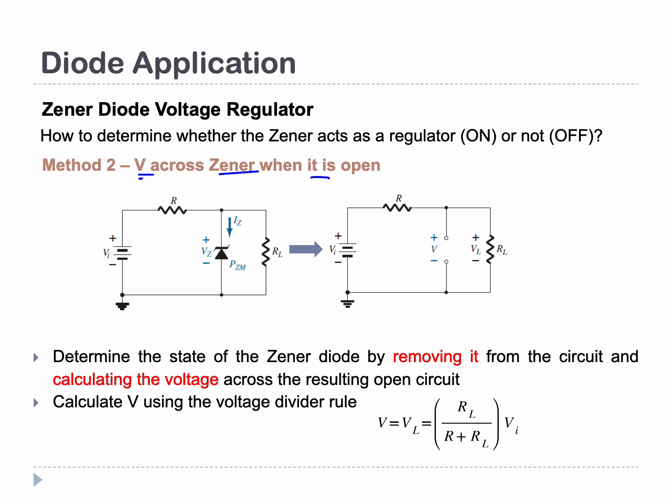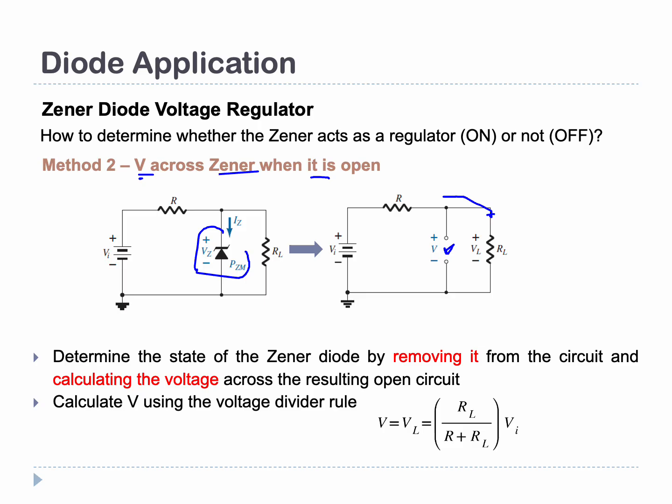Usually we assume that this zener is in an open circuit, so the zener is removed, meaning that the current will flow straight across the RL.